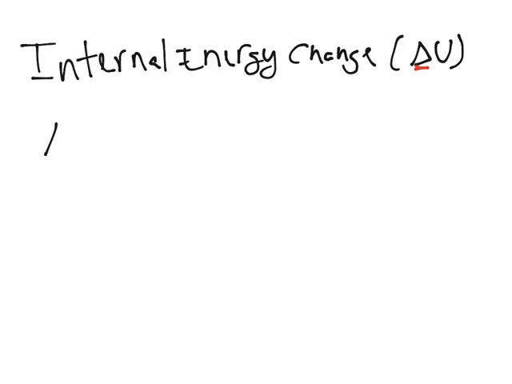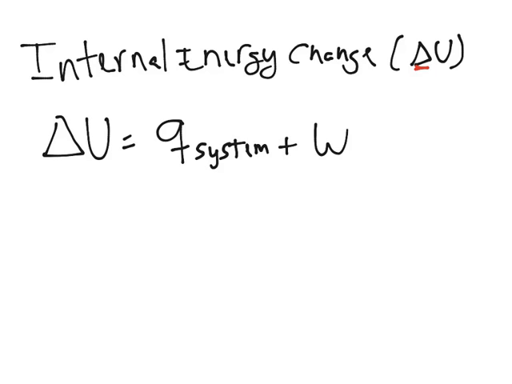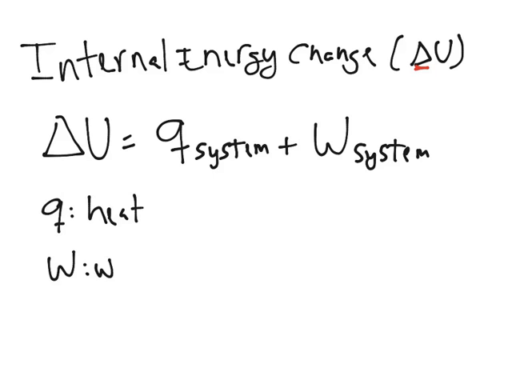So the delta U, I said, is the sum of heat and work. And heat is represented with a Q, the heat of the system, and the work of the system. So just Q is heat, W is work.